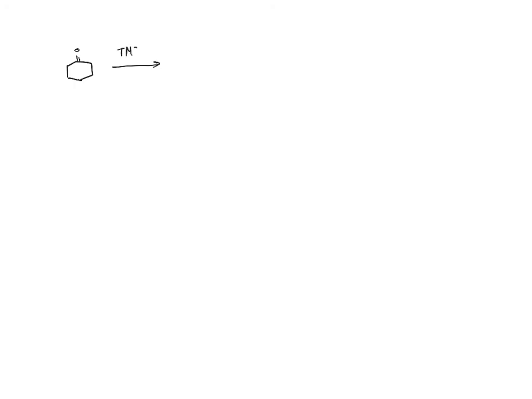If we recall how to do that, we take TMS chloride, which acts as a Lewis acid, binds to the carbonyl, and then that allows deprotonation alpha to the carbonyl to give you the silyl enol ether functional group. We do this with the ketone, the one that we want to have as our nucleophile. This is the thing that has the enolate-like reactivity. This is the silyl enol ether.